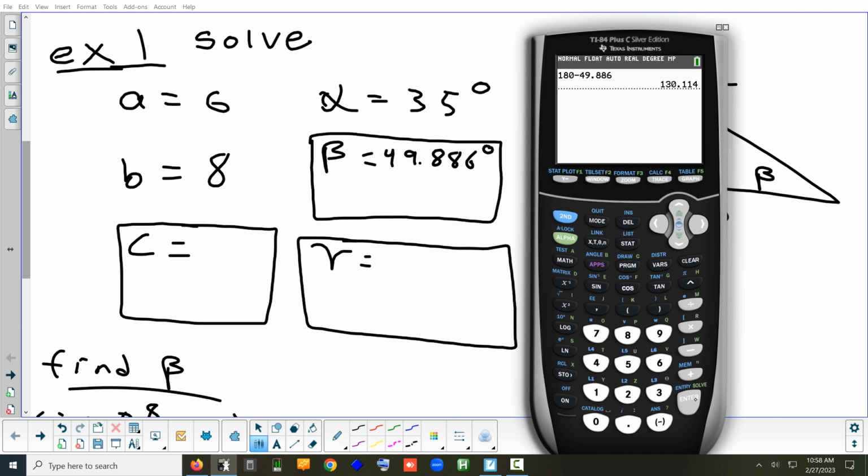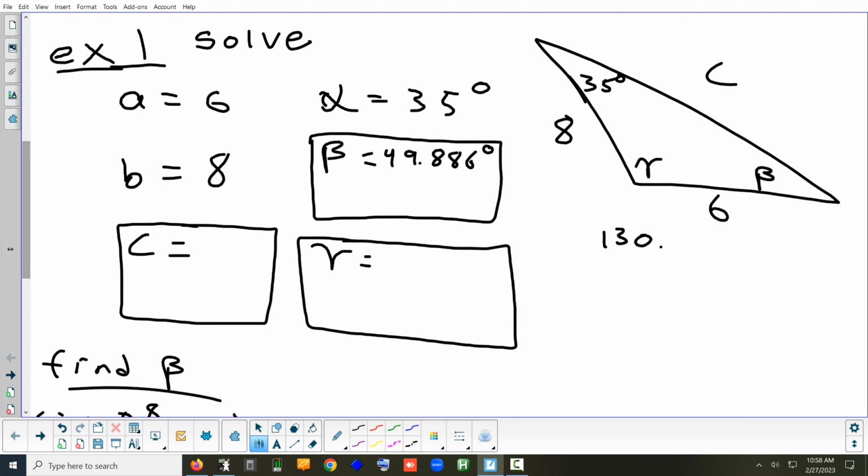Now we can't write that down yet. 130.114. What do we have to check with that potential second answer? Got to make sure it's still a triangle, which basically means that that angle would fit.